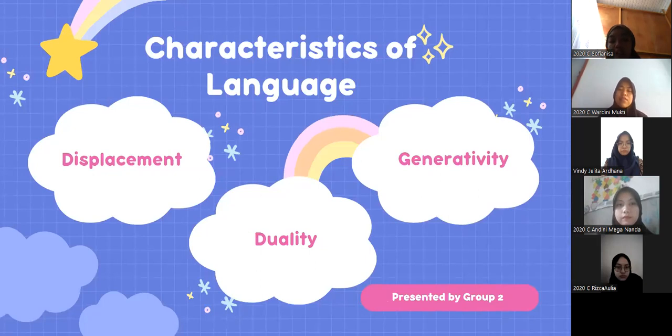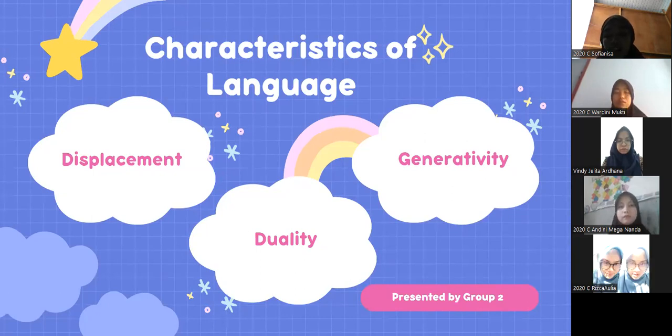Okay, so the next is displacement. It refers to a language's ability to convey information about events happening out of sight of the speaker, spatial displacement, about events that happened before the person speaks, and events that have not yet taken place as the person is speaking, temporal displacement.